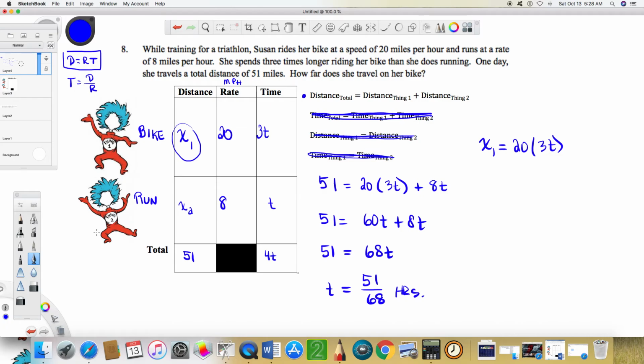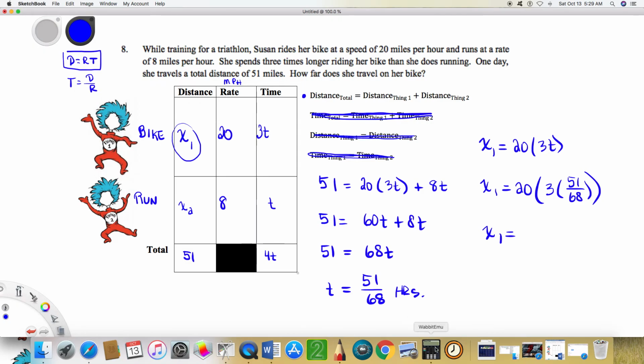And if we replace our t with 51 over 68, let's see what we get for the distance riding our bike.